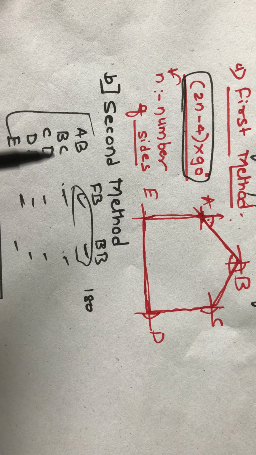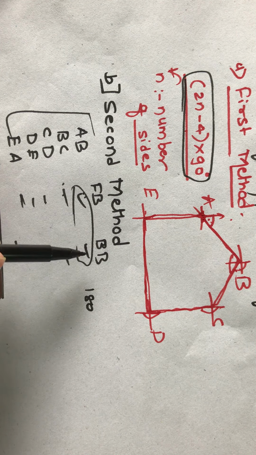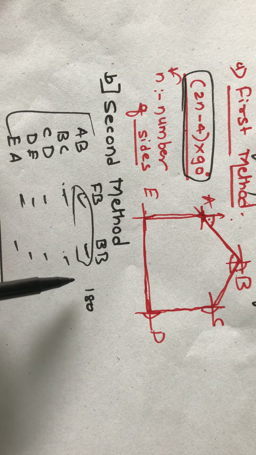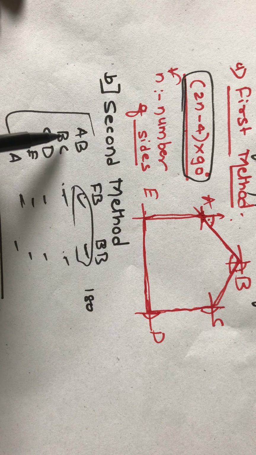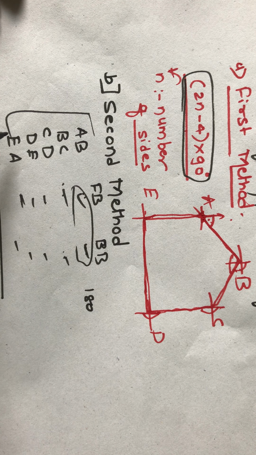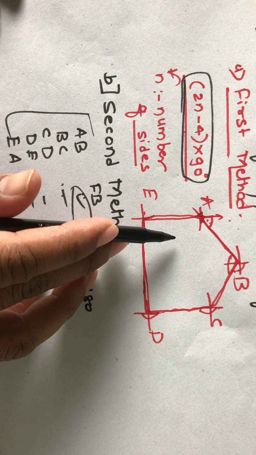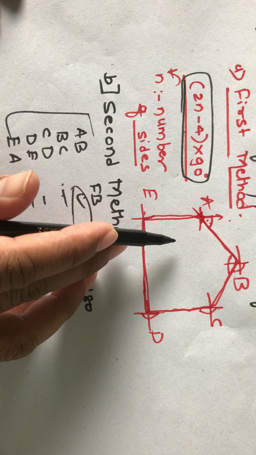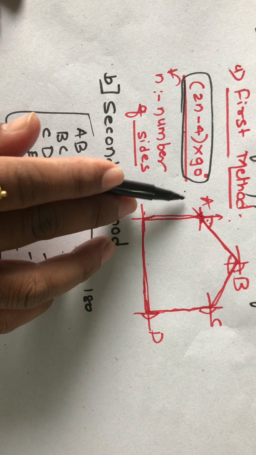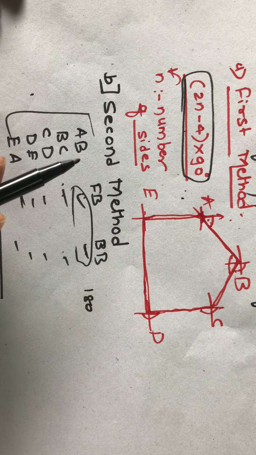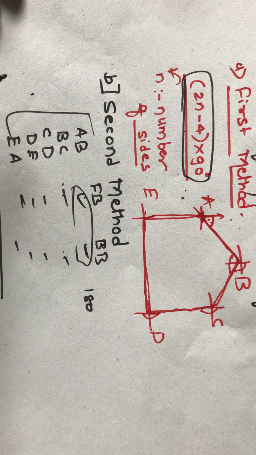In the second method, we first find out the unaffected lines, and from them, whatever the corrections are, we apply them to the bearings of each line. Here we are not calculating the included angle, whereas there we are. So the first is a very tedious method, and this one is an easy method. When we solve the numericals, you will get to know.